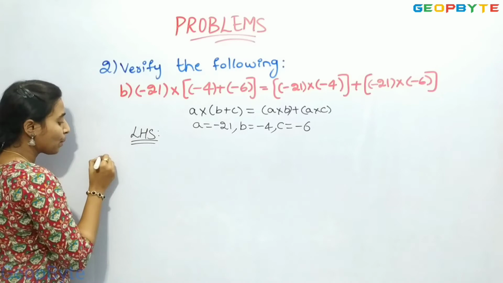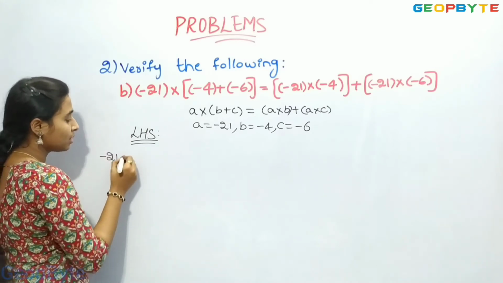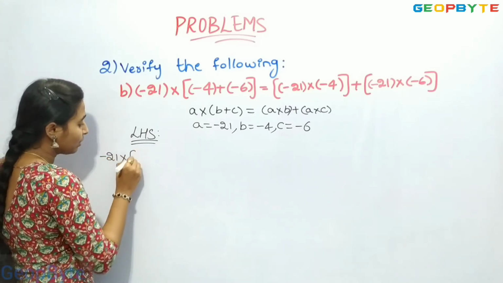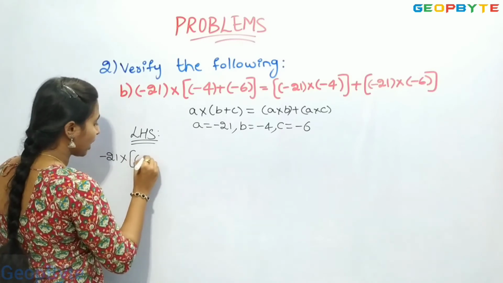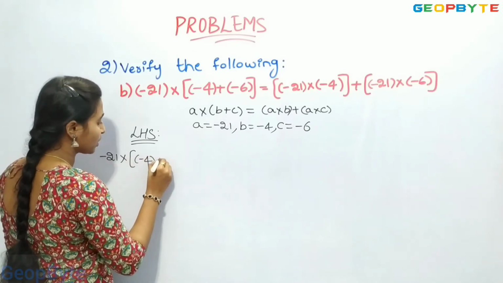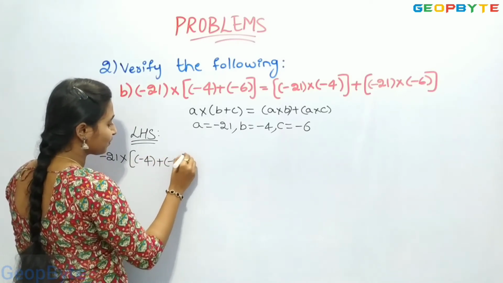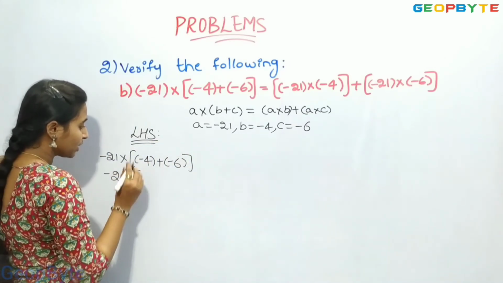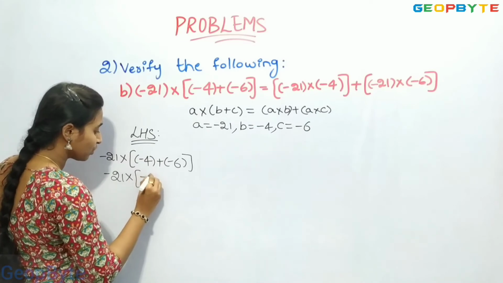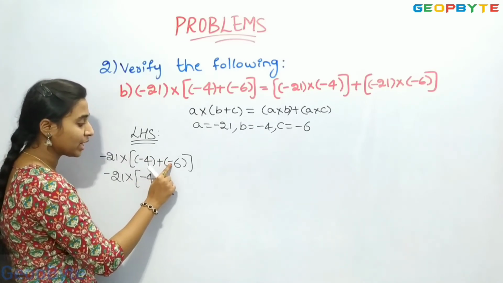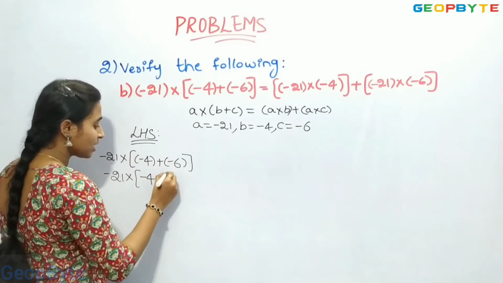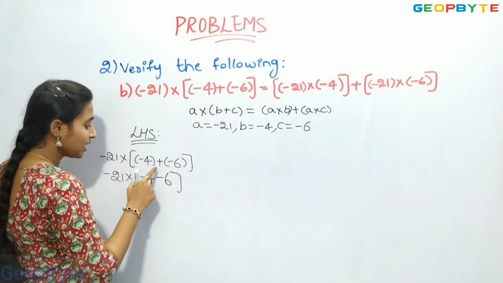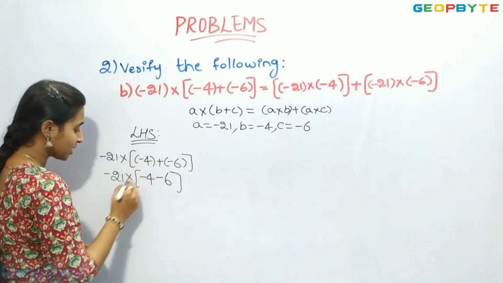First, let us solve left hand side, that is LHS. We have minus 21 into, in brackets, minus 4 plus of minus 6. If you solve this, you will get minus 4 plus into minus, minus 6.